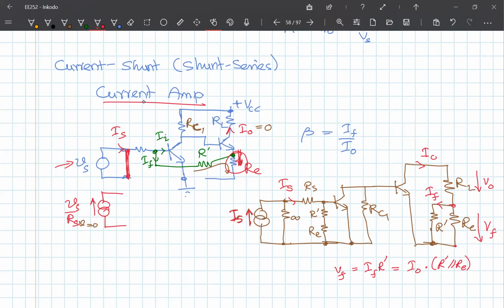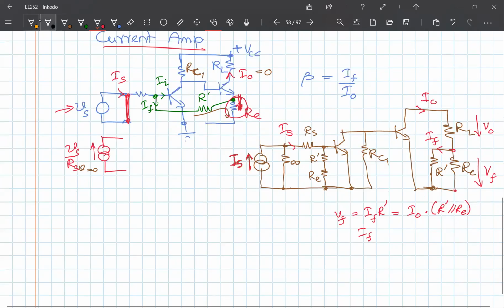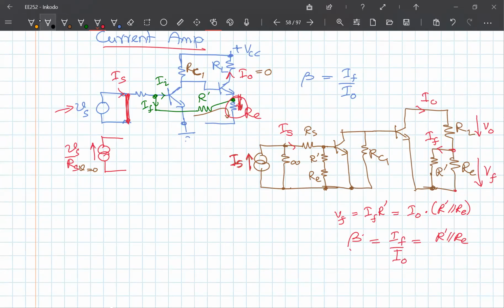So therefore, the beta value will be equal to IF over I out, which is equal to R dash parallel RE divided by R dash, right? You can simplify this: R dash RE over R dash plus RE, divided by R dash.